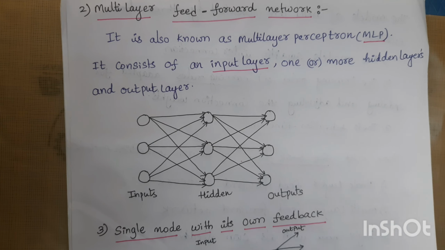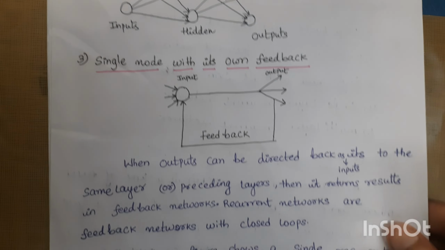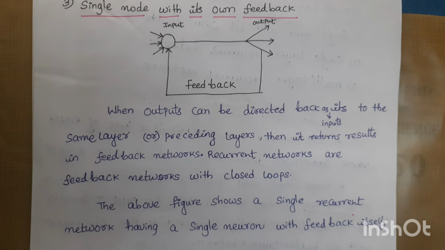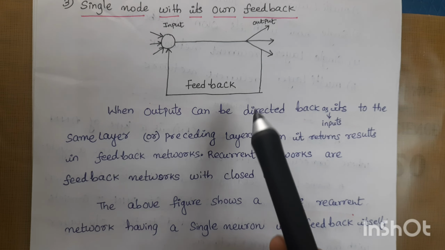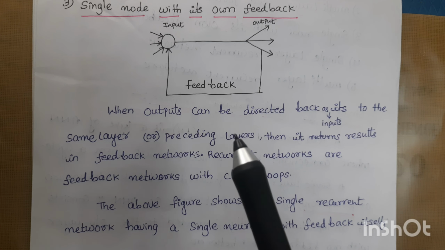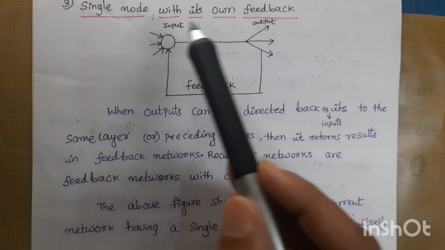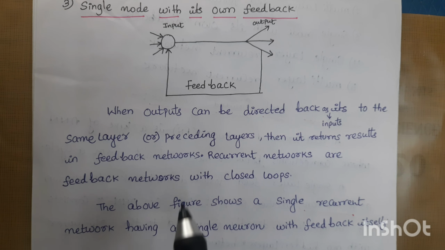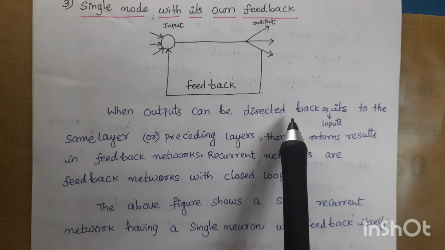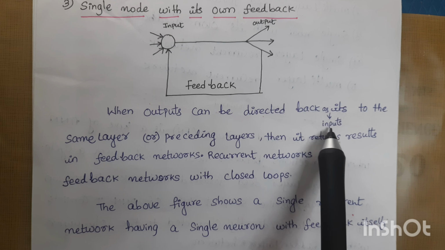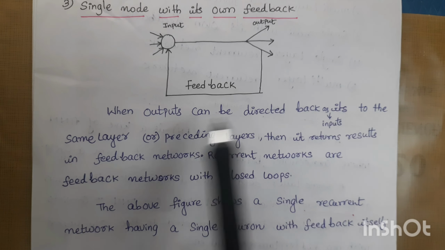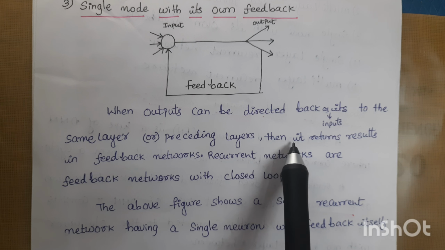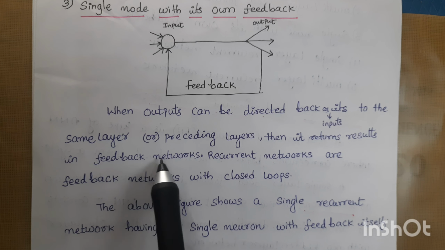So let me explain the next, third one, which is called single node with its own feedback. Input is there, output is there, and moreover here we have feedback. When output is generated back as input to the same layer or preceding layers, it results in feedback networks.